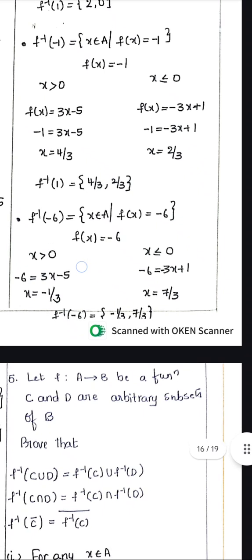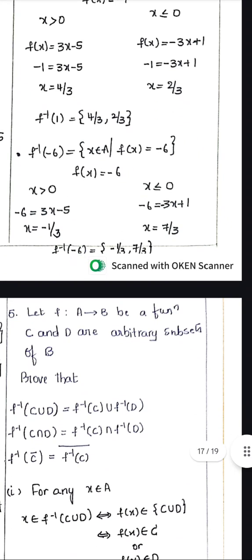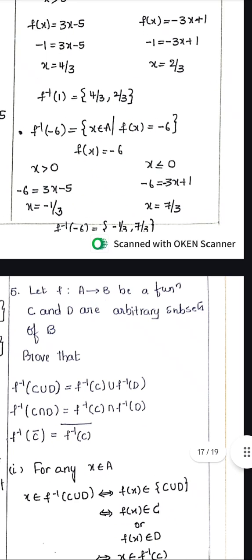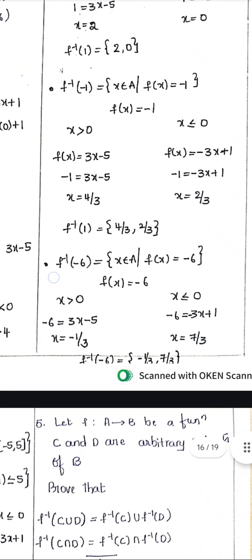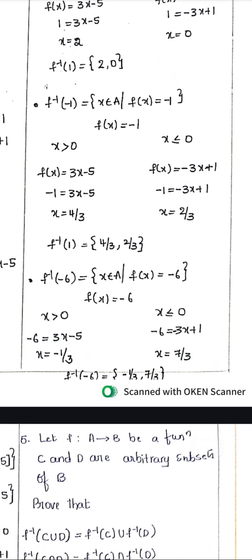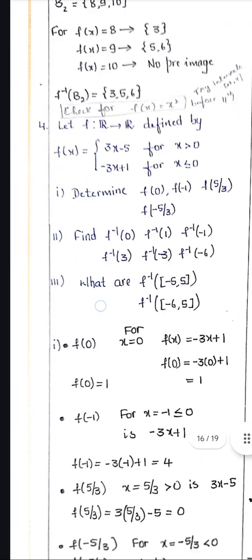That will give you 4 by 3 and this will give you 2 by 3. If our f inverse of minus 1 is 4 by 3 comma 2 by 3, then for f inverse of minus 6, you will have x belongs to A, f of x equals minus 6. For both of them you will find the values.